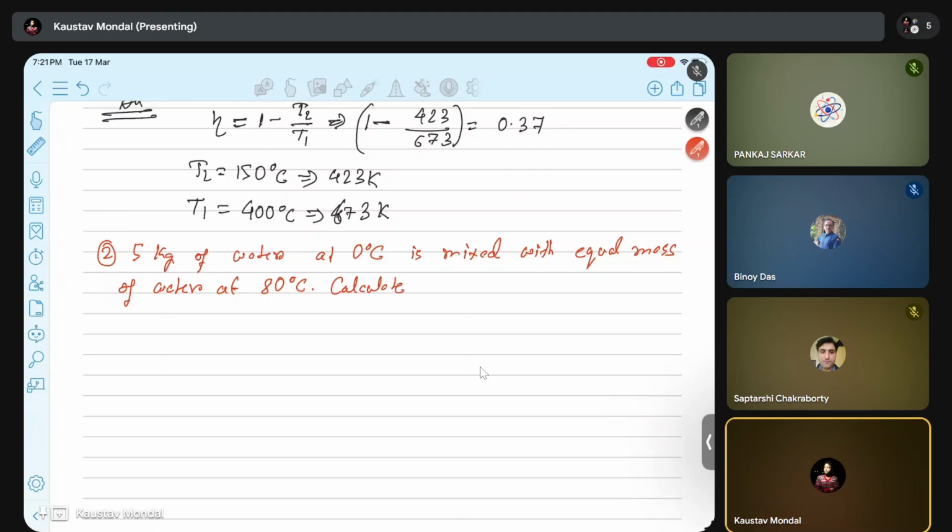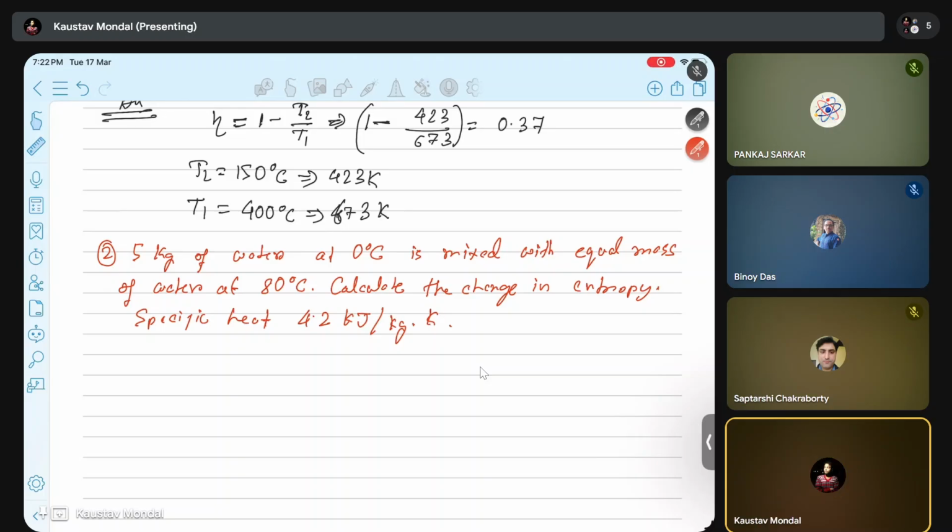Calculate the change in entropy. The specific heat of water is mentioned as 4.2 kilojoule per kg per Kelvin.